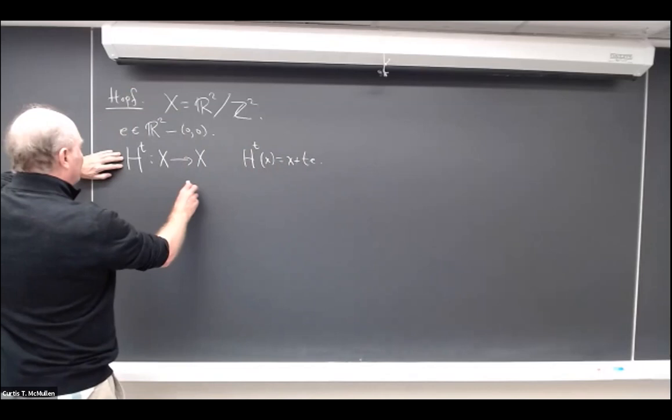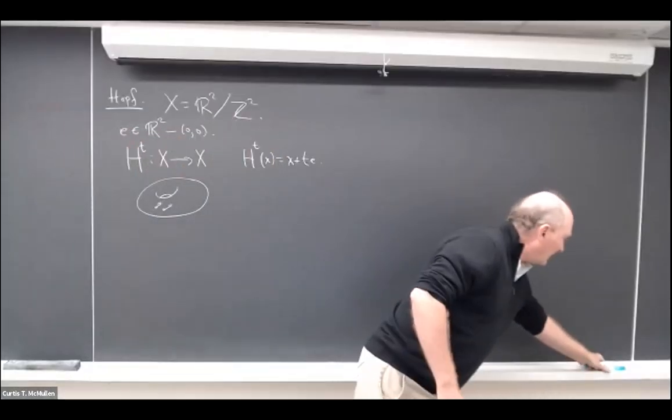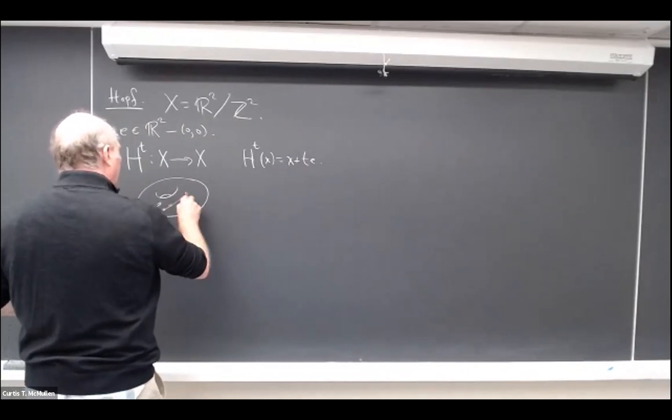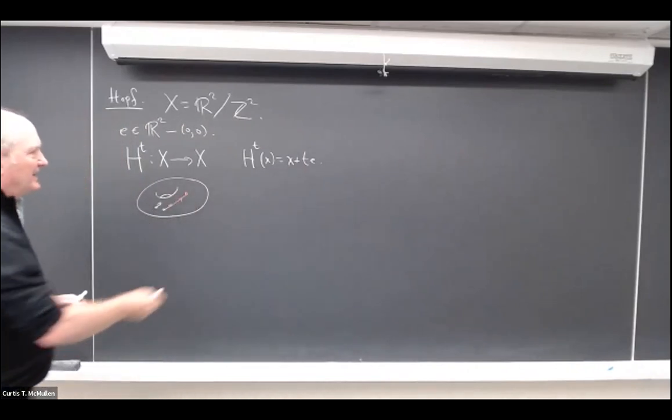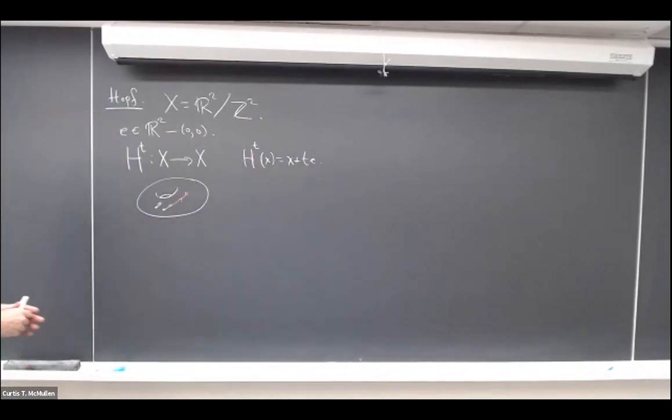So this is the flow where you have a parallel vector field at every point, and then given a point and a time t, you flow along that vector field for time t. If t has modulus 1, then you just move distance t on the torus. It's a unit speed flow.